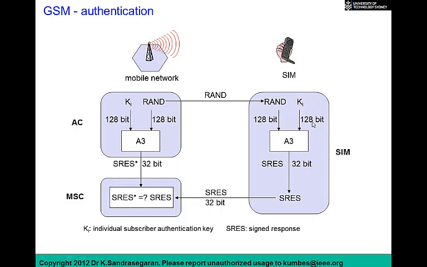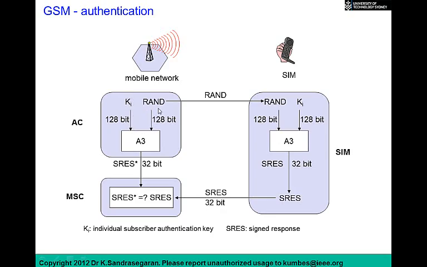It's a 128-bit number, and the authentication center uses this key and a random number that it generates, and that goes into the A3 algorithm, and the A3 algorithm produces something called a signed result. The A3 algorithm is a well publicized algorithm, everybody knows about it. The RAND is also not so confidential, but a confidential piece of information is this security key.